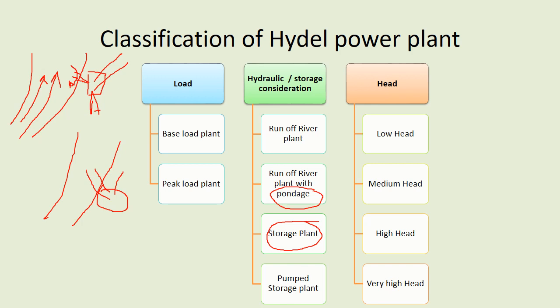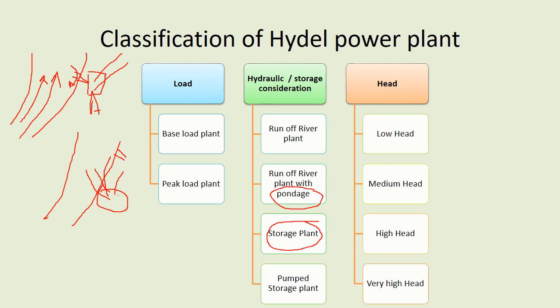To rectify that, they make a pond nearby, so that during the dry season also, if the pond has water, it can be sent to flow over the turbine blades of the hydropower plant. All of this is on a low scale; these are preferred for low-scale plants. Now next is the storage plant.